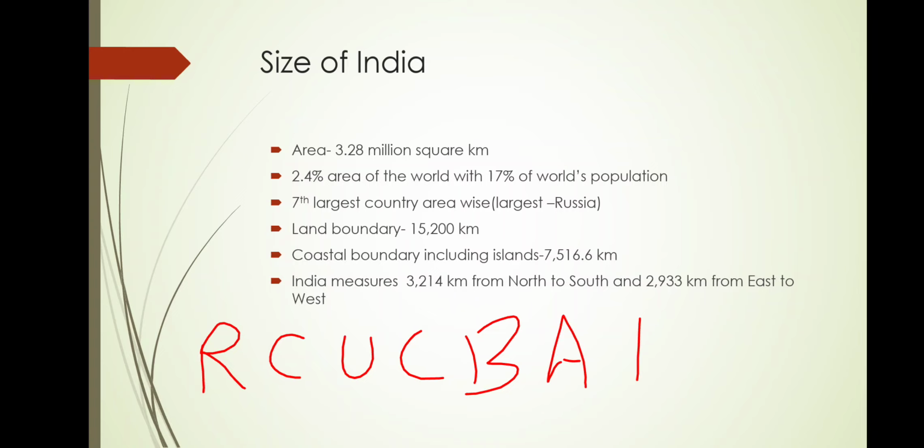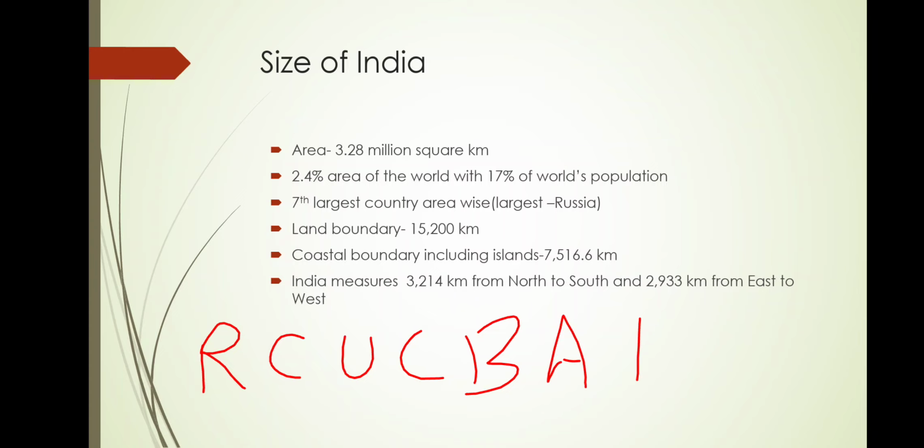And if you talk about the coastal boundary, including the islands as well, Andaman and Nicobar and Lakshadweep, you will find that our coastline is also very large in length. It is 7,516.6 kilometers. So it's huge, to have different ports to trade with other countries, to make links with the neighboring countries and have good trade with them.